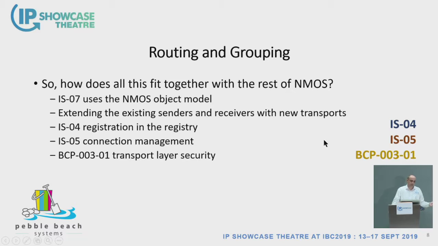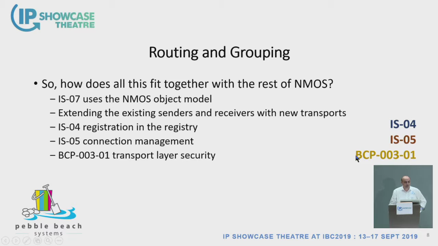Now, this is not an isolated standard. It sits on top of the other standards. So it uses the NMOS object model. So you would find the same sources, flows, senders, receivers, as you would find in other specifications, like IS-04 or 05.